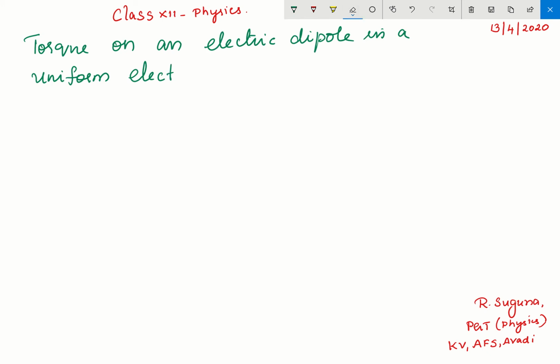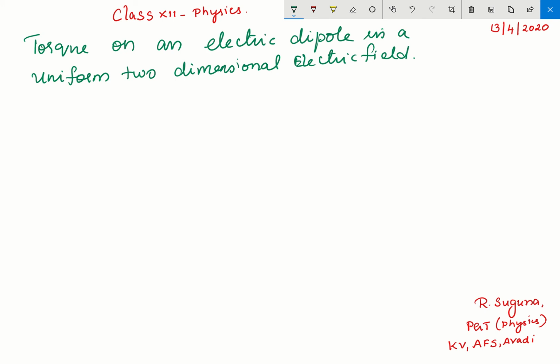You can say, to be specific, a two-dimensional electric field. This is what we are going to see today. We are going to derive the expression for torque on an electric dipole in a uniform two-dimensional electric field.